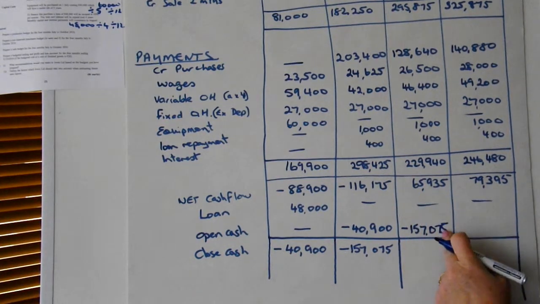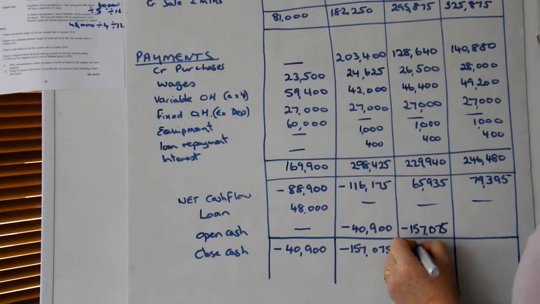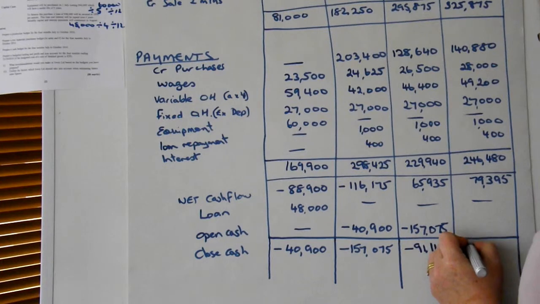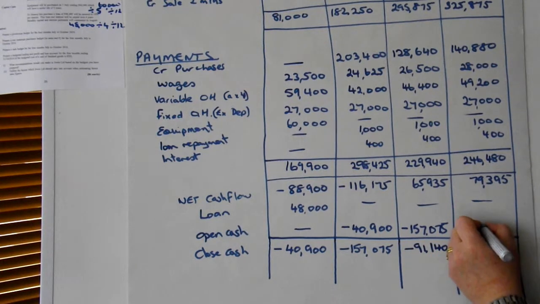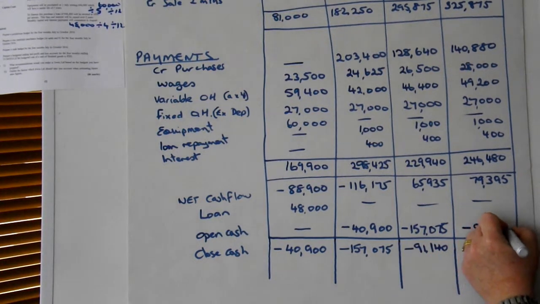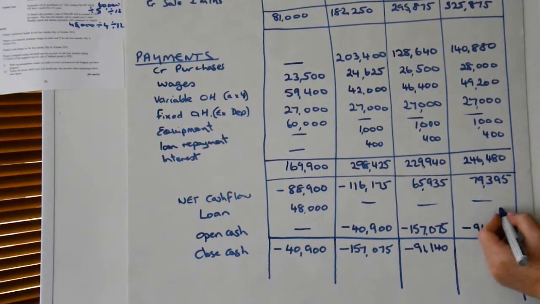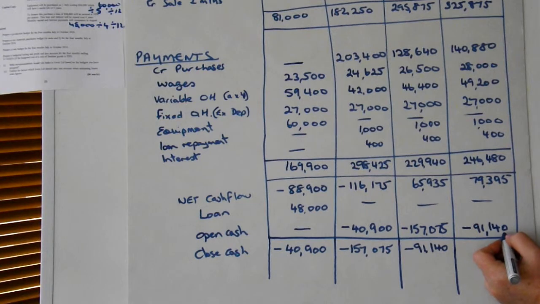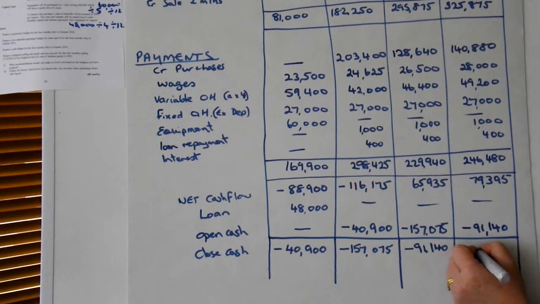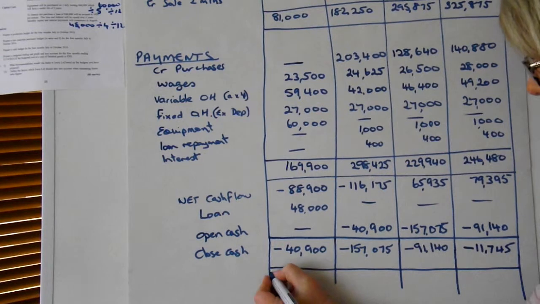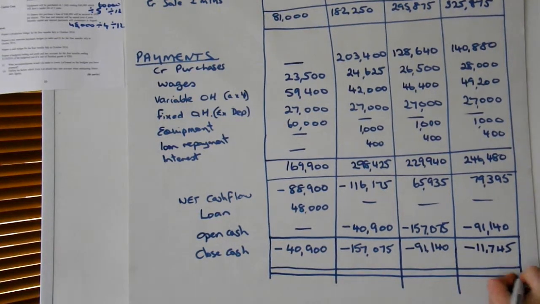And again, net these two, and we have still a minus figure, and that carries forward to open for the next month. So these two lines you'll do together. So net cash flow plus the opening cash, and still at a minus overall here of 11,745, and those are all my closing cash figures, so I can double line then at that.